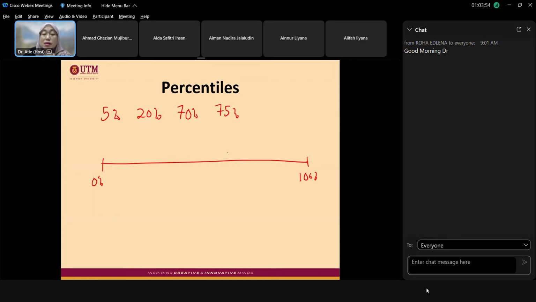Let's say you want to divide your data based on this percentage. You can make it 20%, 40%, 60%, 80%, something like that. It's up to the researcher how you want to divide your data.